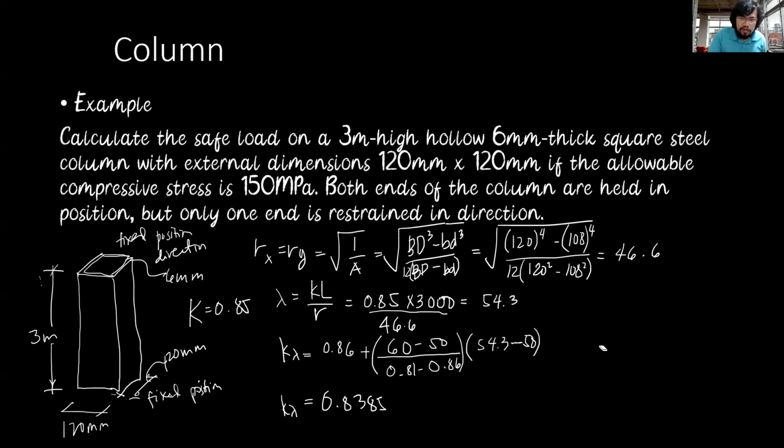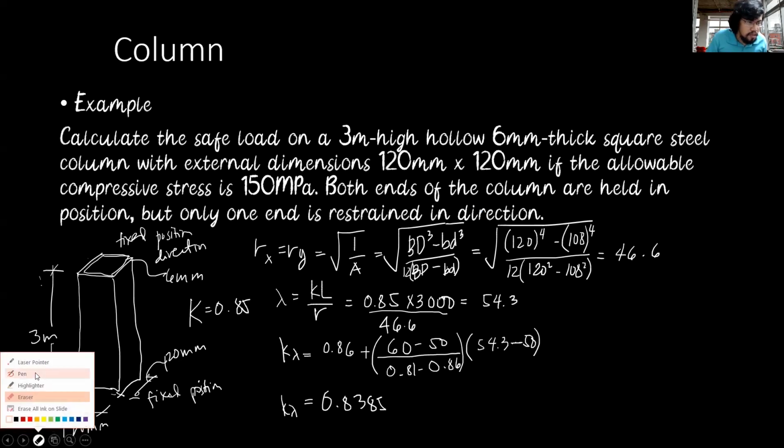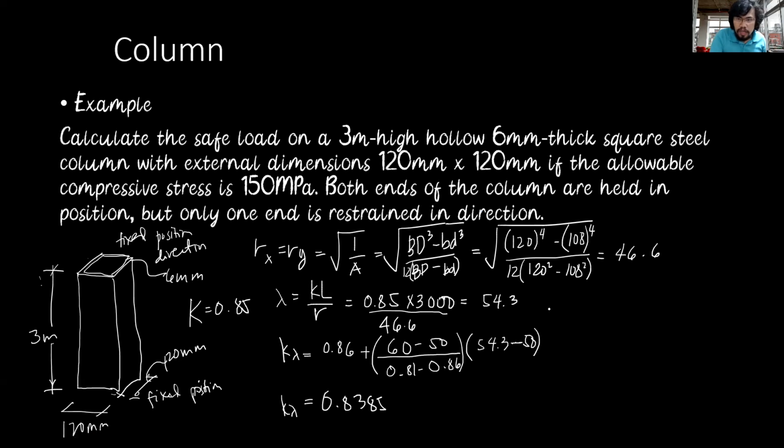The answer is wrong; I forgot that this is a hollow one. So we have the force as K sigma A, and we have this as 0.8385 times 150 Newton per mm squared.